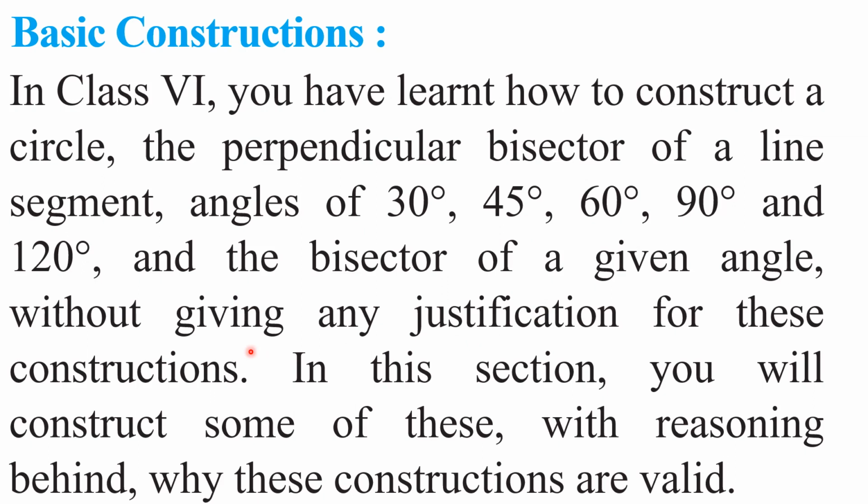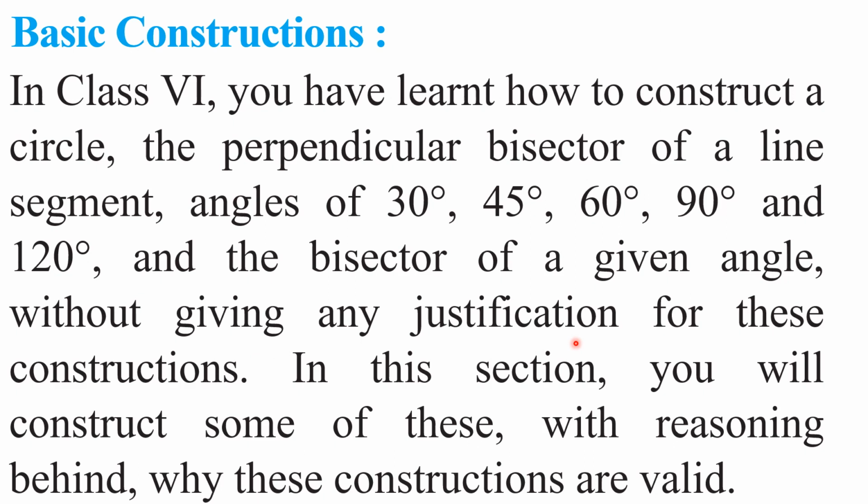In all these constructions, we just constructed a geometrical figure and wrote the steps of construction only. But in this class, in addition to that, we write the justification also, why these constructions are valid.